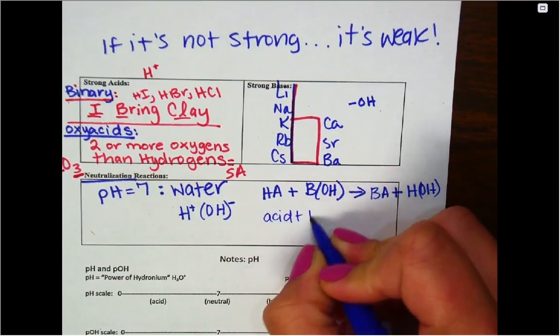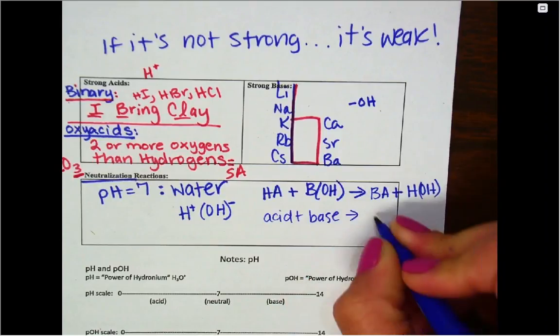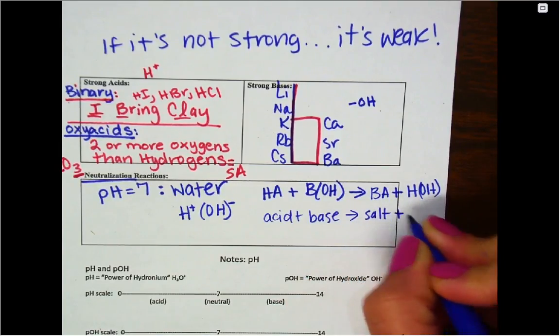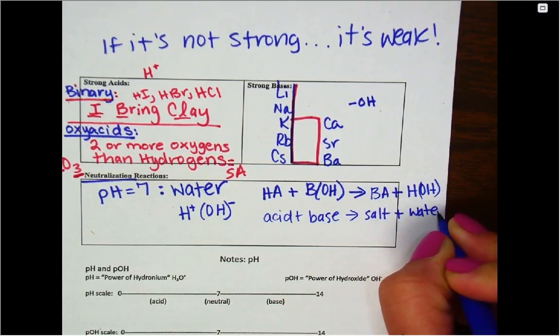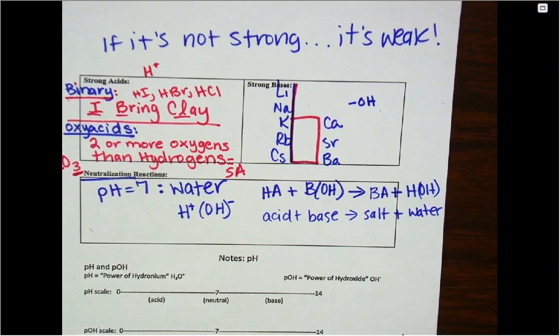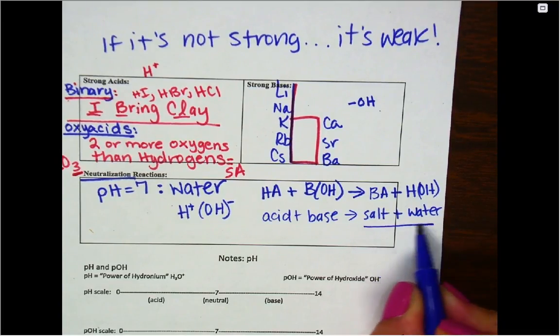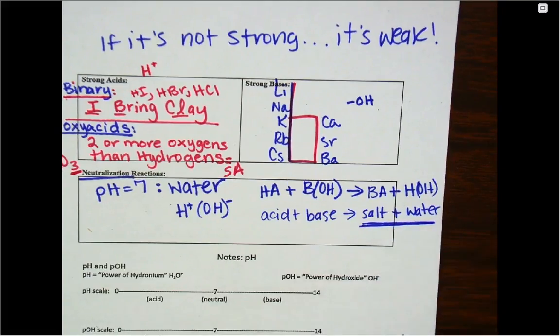So acid plus base makes salt and water. And that's it for that. Okay? So this is a very common question. What are the products of a neutralization reaction? Okay? You'll see that one today.